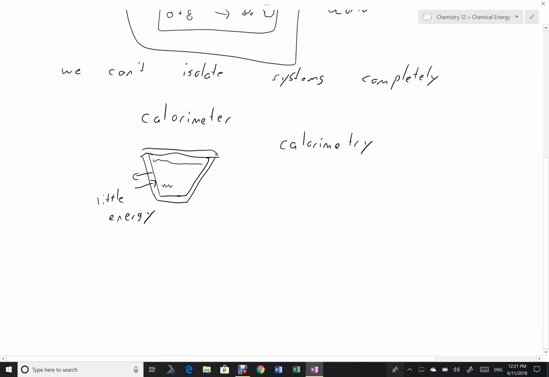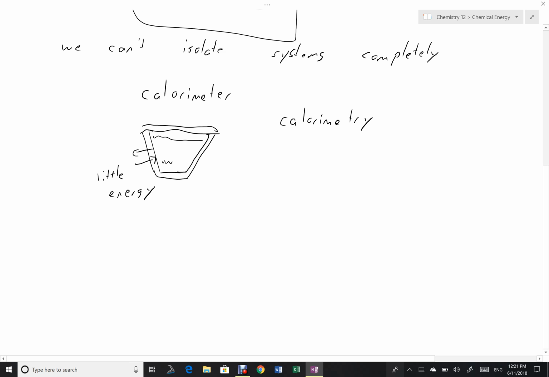But if we had that, then what we could assume is that the energy change for the reactants would be equal to the resulting energy change for the surroundings. The only difference being if the reactants gain or lose energy, the surroundings will do the opposite.